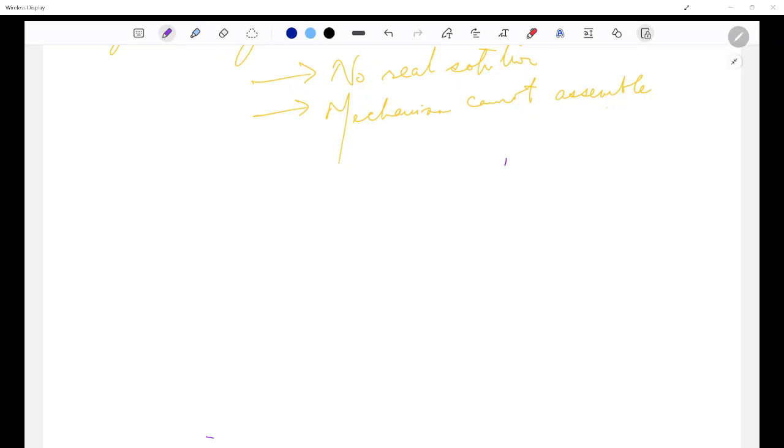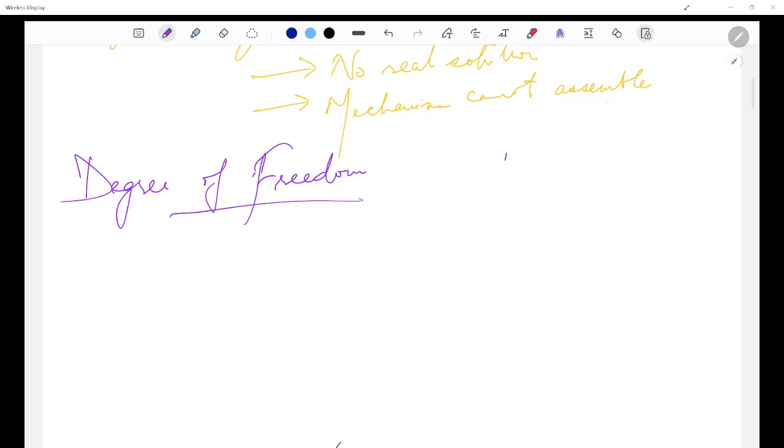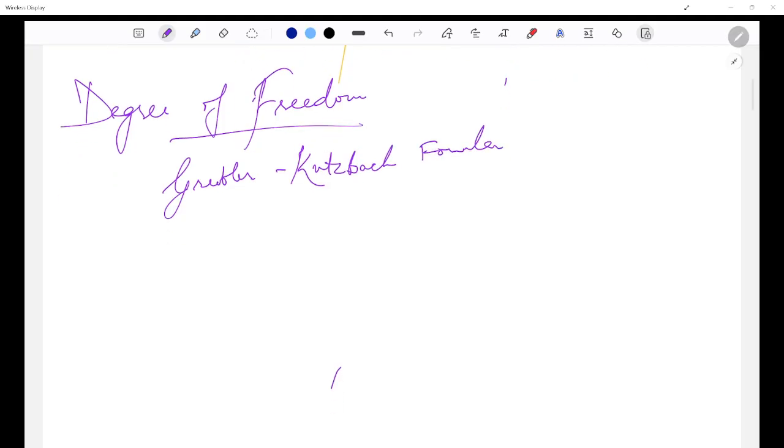Okay. Let's talk about degree of freedom. This is very important. So we have already seen last time the Grubler Kutzbach formula. Can anyone remind me what it was? Degree of freedom is equal to what?